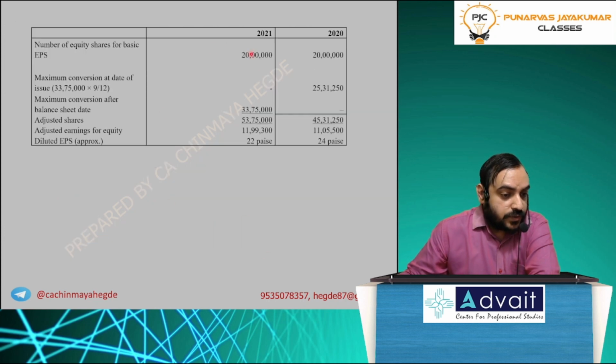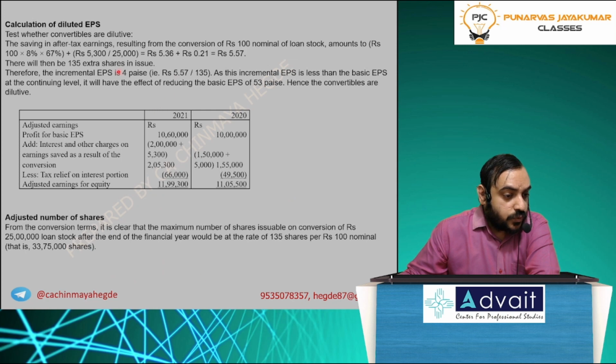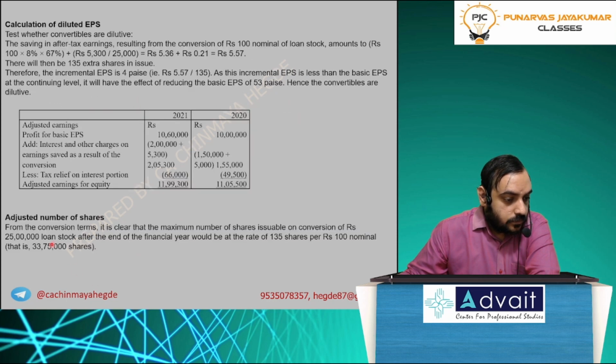How many shares will we divide by? In the current year, we will divide by the existing number of shares, 20 lakh, plus the number of shares you consider, some 25,000 something, right? Yeah, 25 lakh.